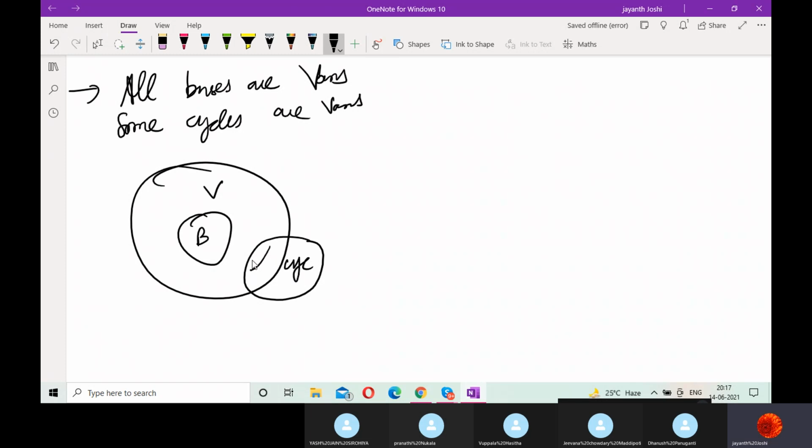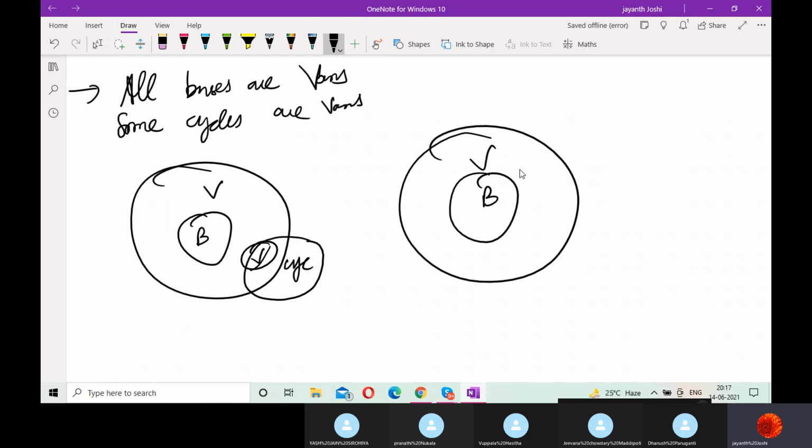This is the vans category, vans region. Or all buses, if they are vans, some cycles can cut like this. Okay, van region, because the van region also includes the bus region. This completely is van.